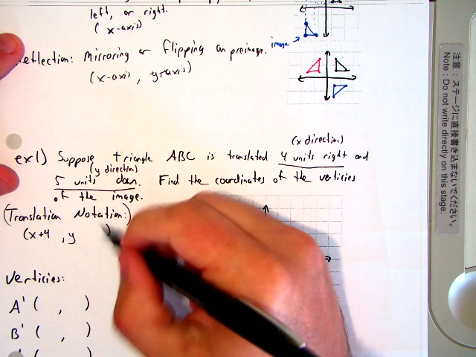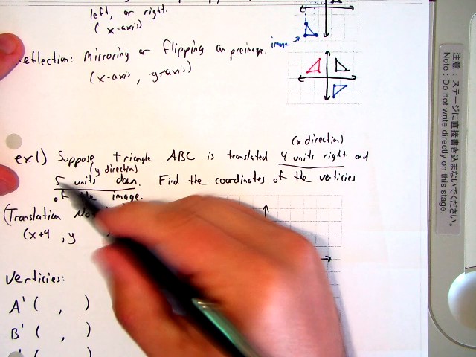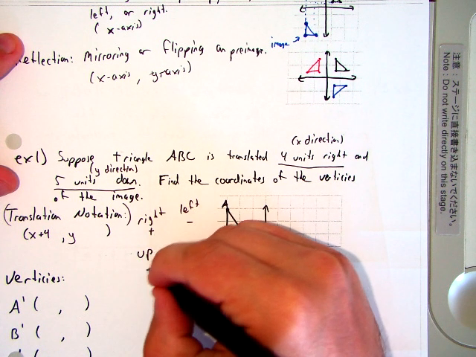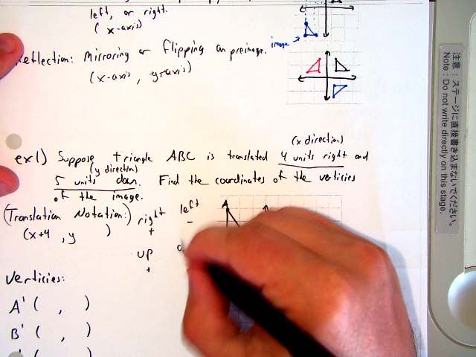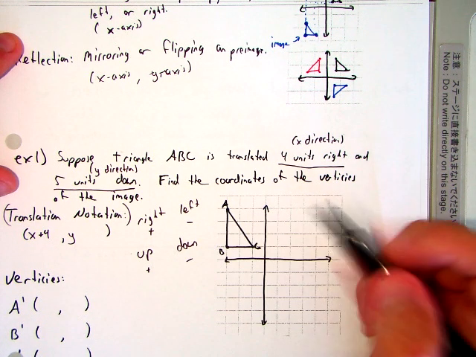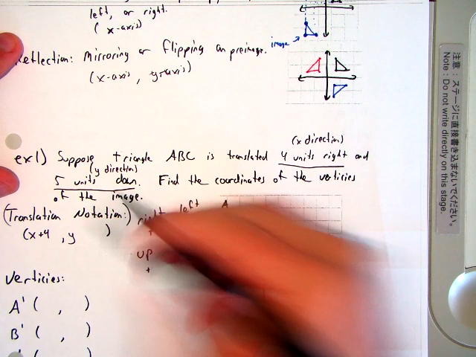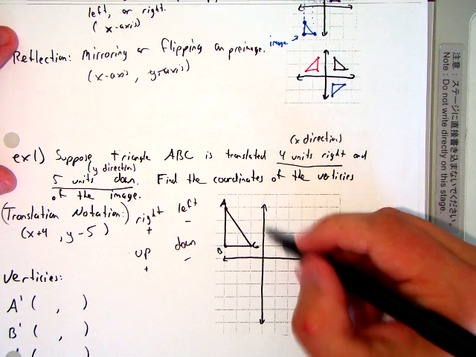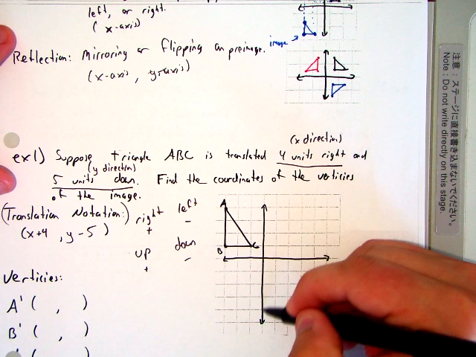With the y direction here, it says 5 units down. So right was positive, so is up. Left was negative, so is down. So because I'm going down 5 units, I'm going to take my y value and subtract 5. Because as I go down, my y values are getting less.